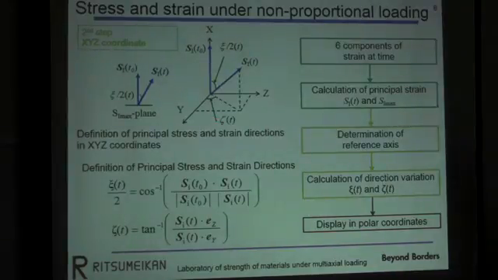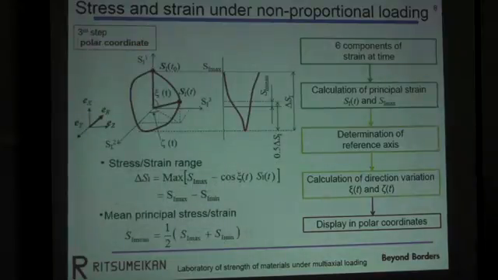This is the second step. In the third step, we plot the stress or strain in a polar figure using the amplitude of stress or strain and the two angles, xi and zeta. In this study, I employ the principal stress or strain, but of course you can choose equivalent stress or strain. Any one is okay.